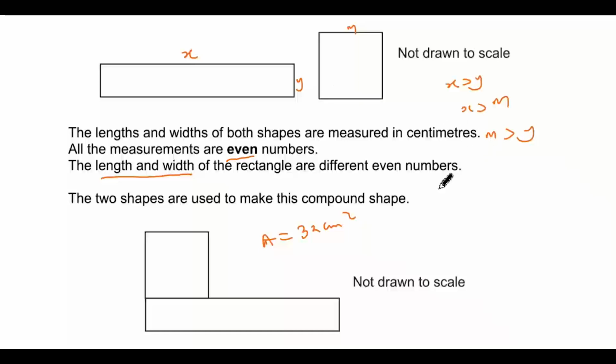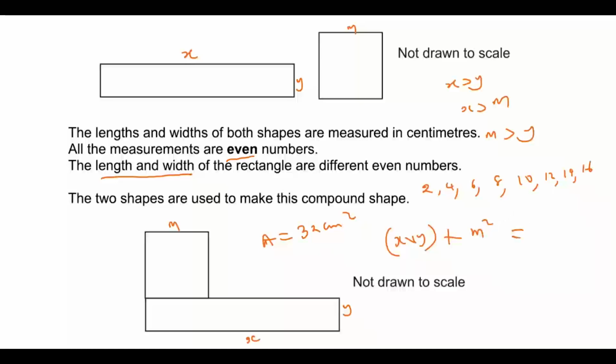So if you write out some even numbers, we have 2, 4, 6, 8, 10, 12, 14, and 16, for example. We know that the area of this rectangle is x times y, plus the area of this square, which is m times m, because a side is m, so it will be m squared.